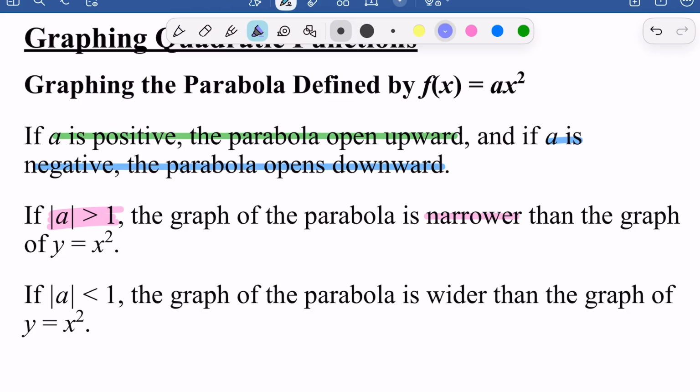But if a is less than 1, then the graph of the parabola is wider. So any number bigger than 1 is going to make that graph get narrow, but any number smaller than 1 is going to make that graph get wide.